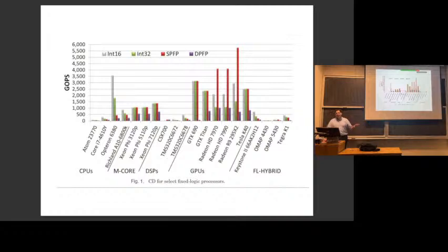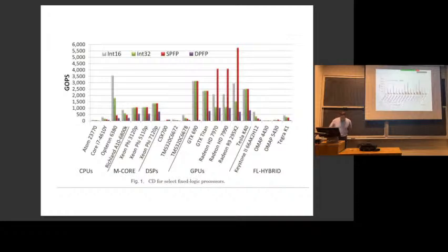Deep learning is all about multiply accumulate performance, and it can be done at lower precision. So the most recent GPUs would have essentially this trend. They would get higher performance with 16-bit operations than with 32. But I guess the key takeaway here is for just raw floating point performance, the GPUs are really good. For integer, they're not bad, but some of the CPUs are competitive.